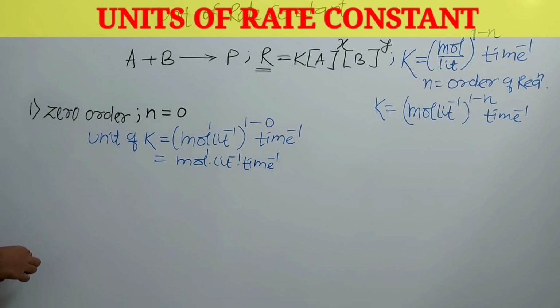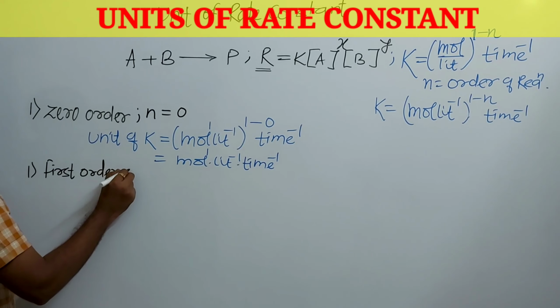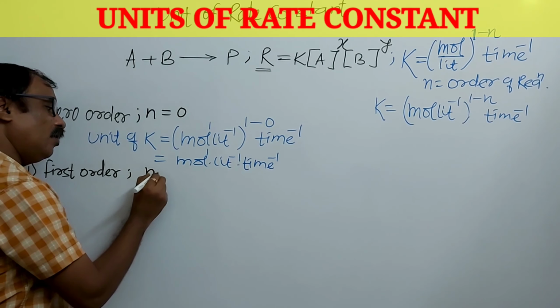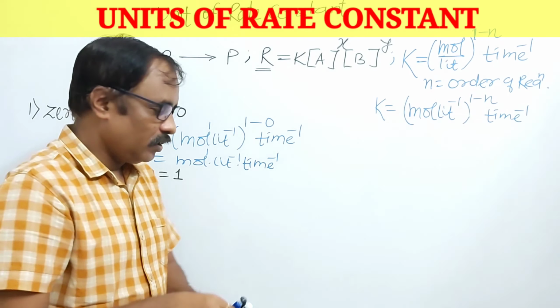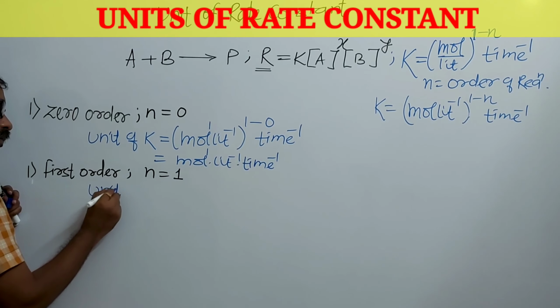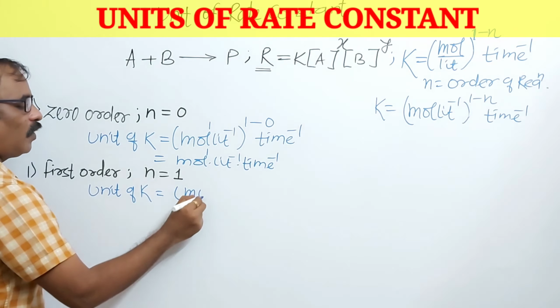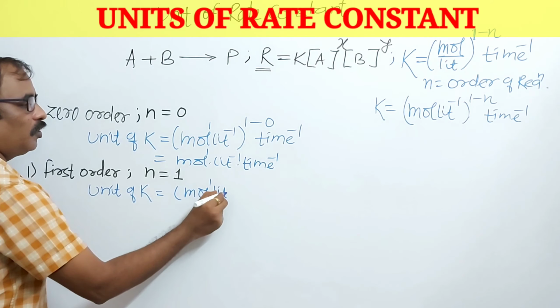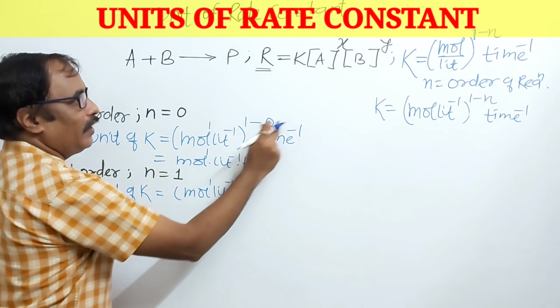Now second, suppose a first order reaction. यानी n is equal to what? n is equal to 1. Use the same formula. यही formula use करना है. Unit of K is equal to, now mole to the power 1, liter to the power minus 1, 1 minus, what is n here?